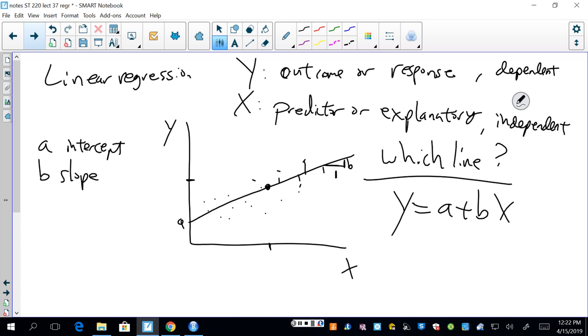So the principle of least squares says to look at these deviations about the line, these errors. These are either called errors or residuals.